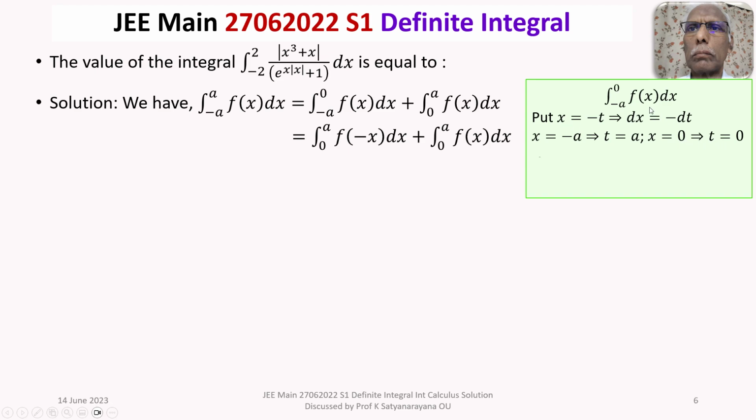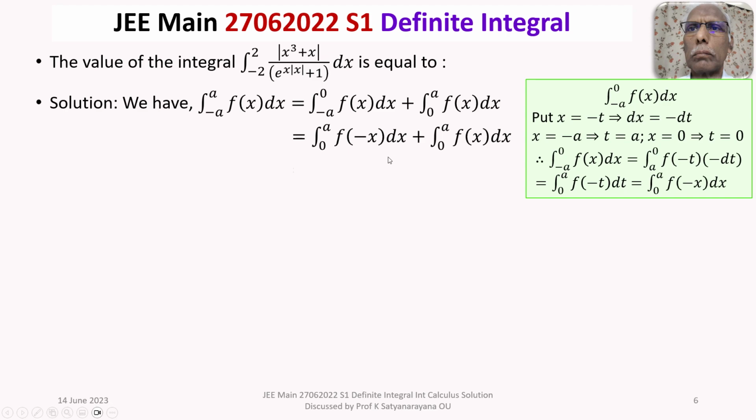So this integral will now become integral a to 0 f of minus t, dx is minus dt. Now we take this minus and we write integral a to 0 as 0 to a. So integral 0 to a f of minus t dt, and the variable t is a dummy, therefore it is the same as integral 0 to a f of minus x dx. That's what we have written here.